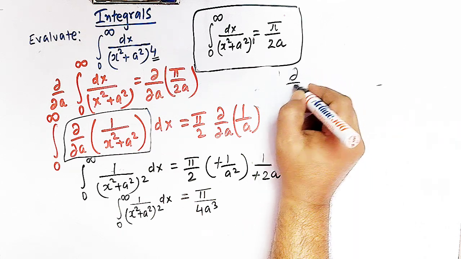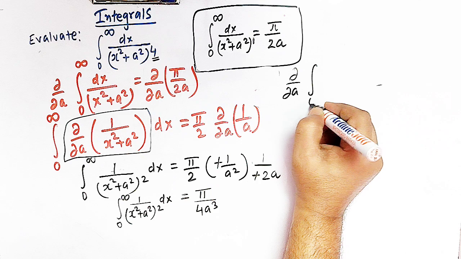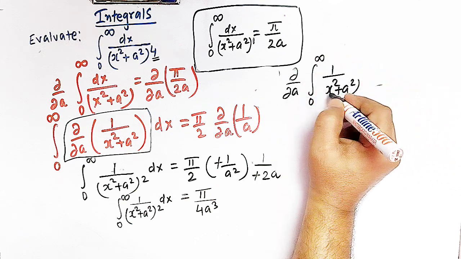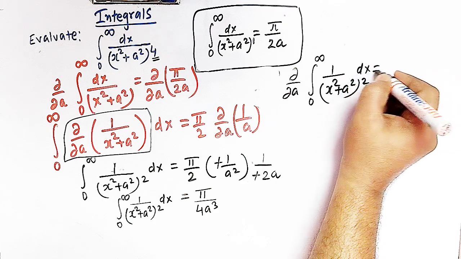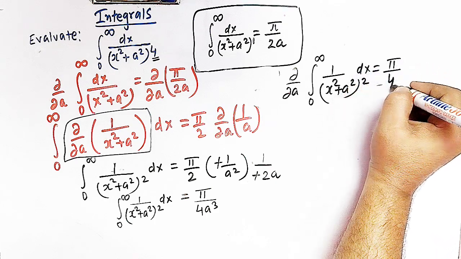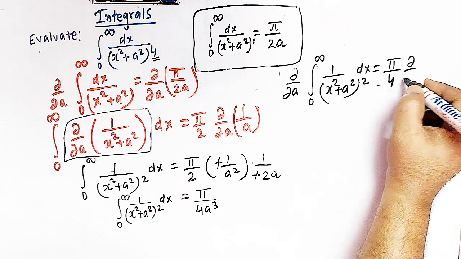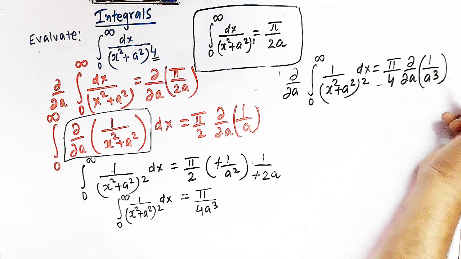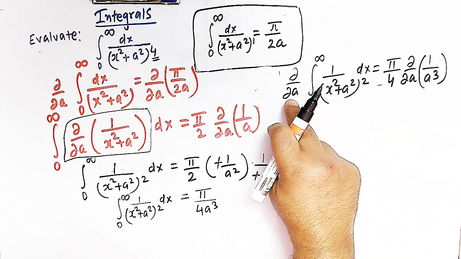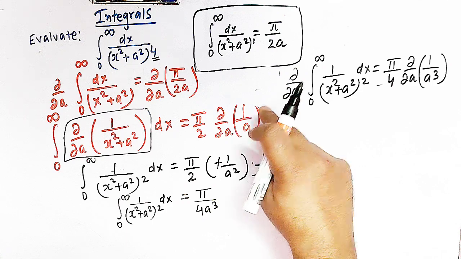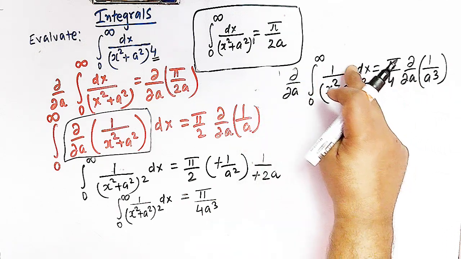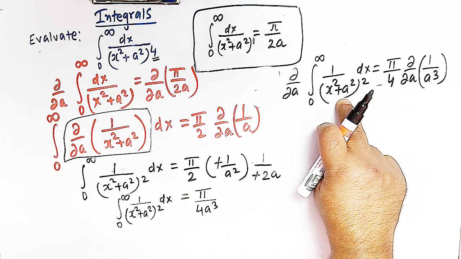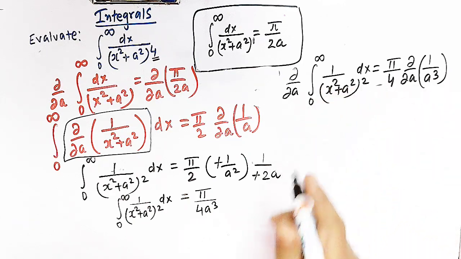So we have ∂/∂a of this integral, that is 0 to infinity 1 over (x² + a²) whole squared dx. And here we have π over 4 is a constant, and we have ∂/∂a of 1 over a³, right? So again I will take this partial derivative operator inside the integral sign, and will differentiate 1 over (x² + a²) whole squared with respect to a, treating x as a constant, right?